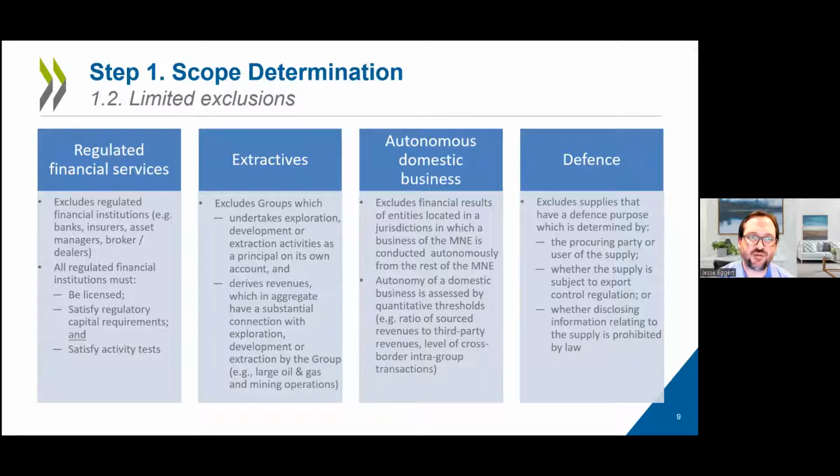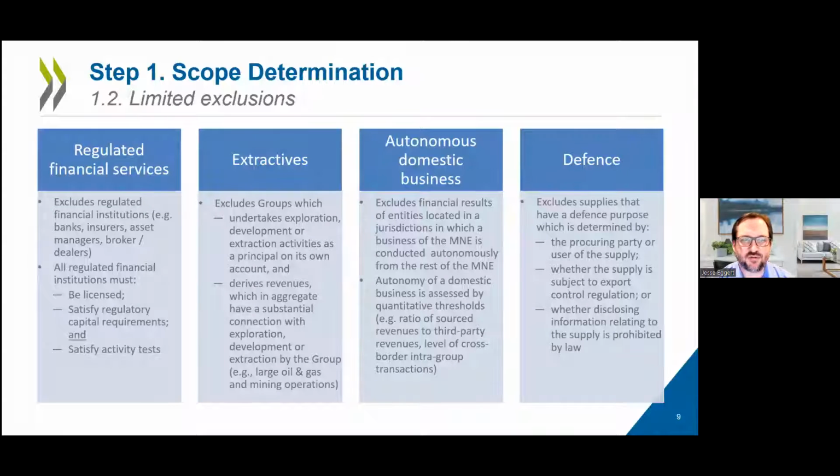You look at the ratio of group revenues sourced in a jurisdiction for the group, the sum of the third-party revenues of the entities located in that jurisdiction. You look to find effectively congruence between those two things. And you look at the level of cross-border intragroup revenues and expenses to make sure those are relatively low.